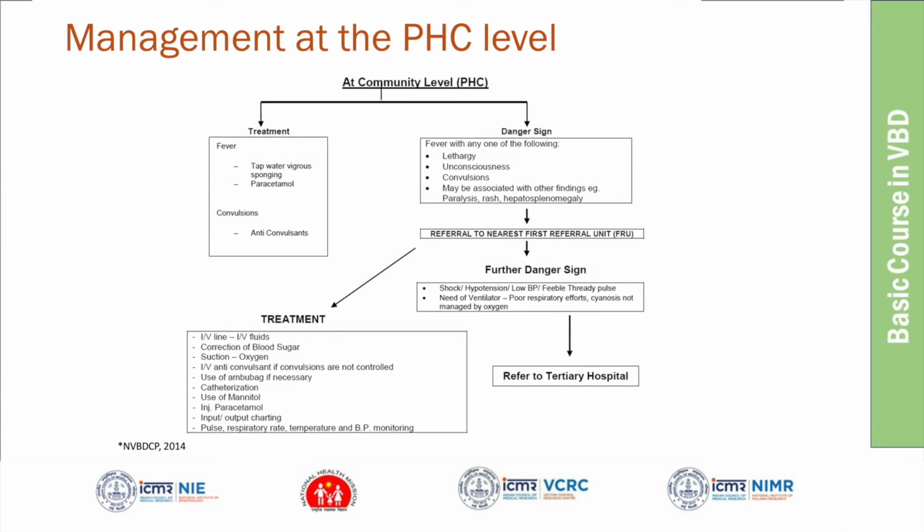So what to do at a community level? One, we have to look for JE cases. We have to tune our minds to look for JE cases. Anyone, especially children, who says they had fever for 3 or 4 days, or 1 or 2 days, followed by altered sensorium or change in mental status, then we have to definitely suspect AES or especially JE, and look for the danger signs.